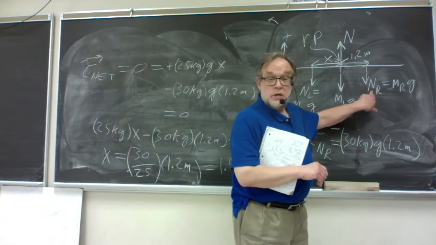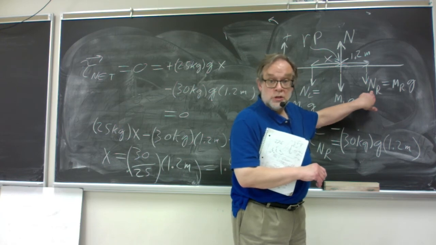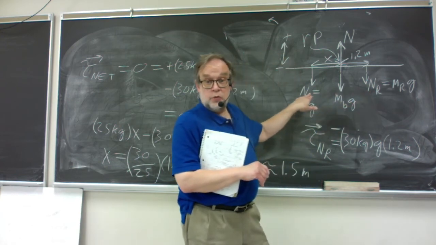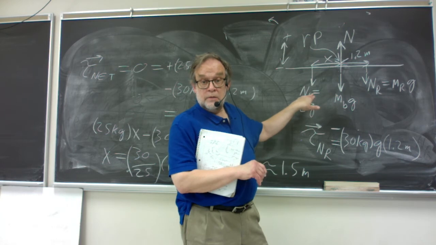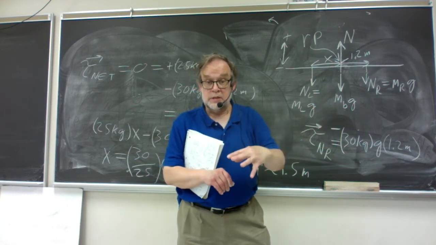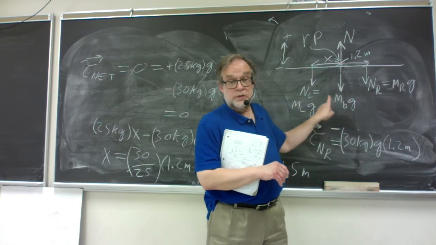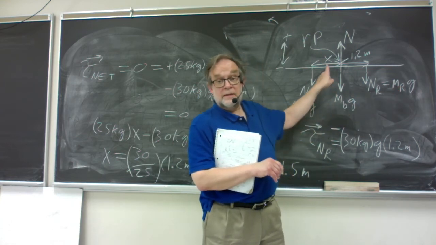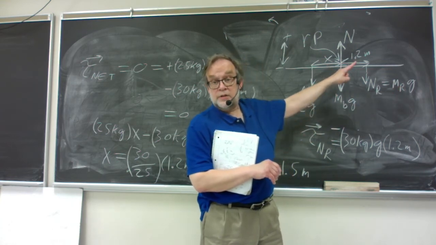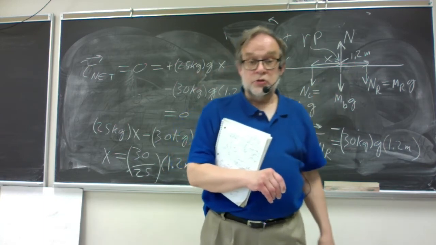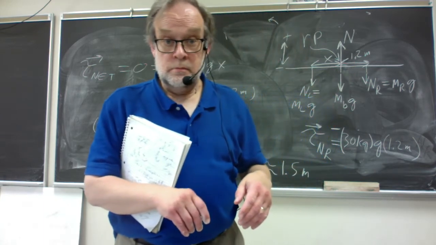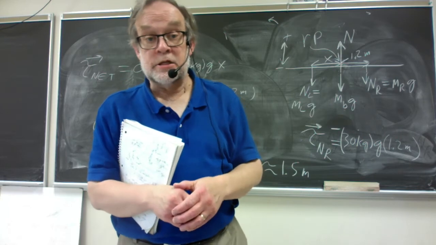In this case, the force was larger, and in this case, the force was smaller. Torque is a force times a distance. So if this force is larger and this force is smaller, then this distance has to be larger than this distance in order to make the two torques, the force times the distance, balance out.